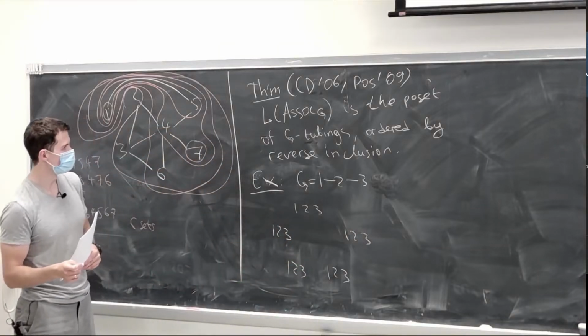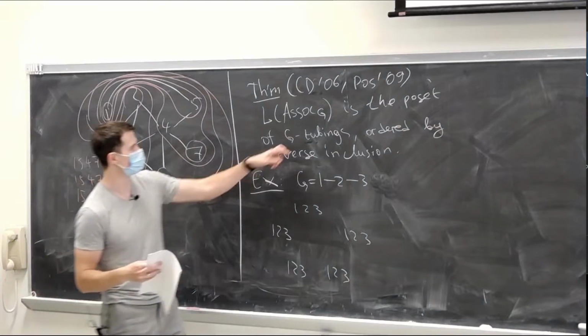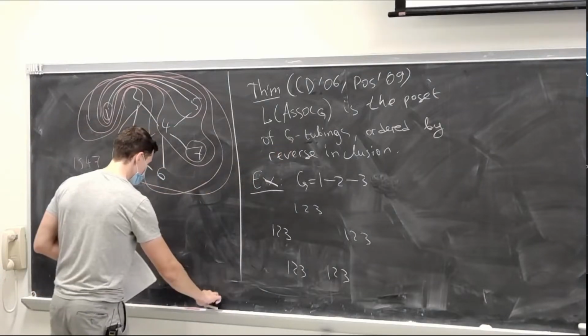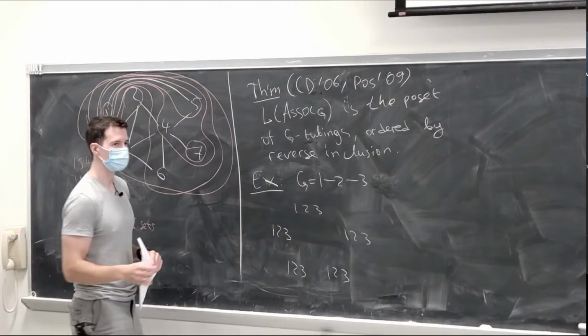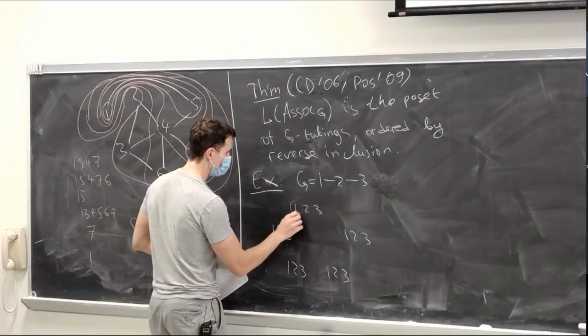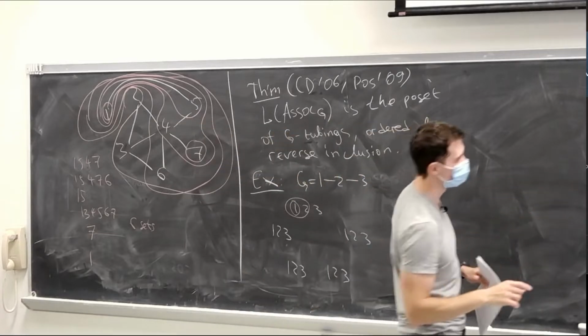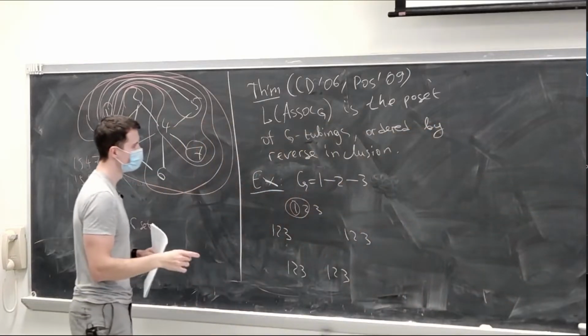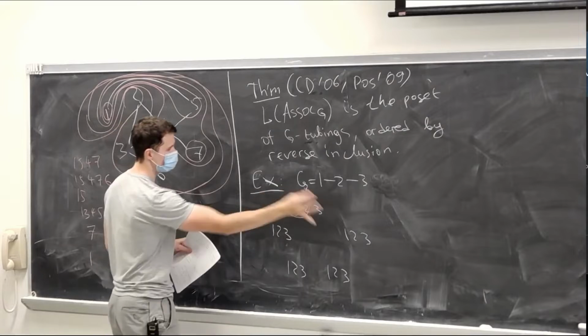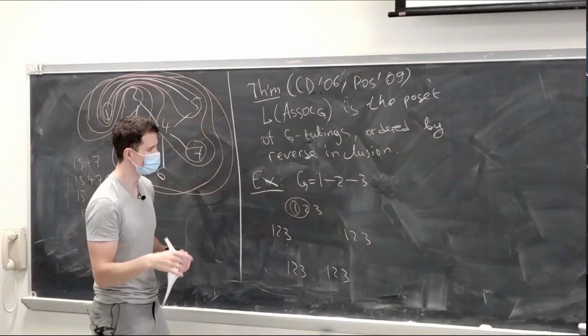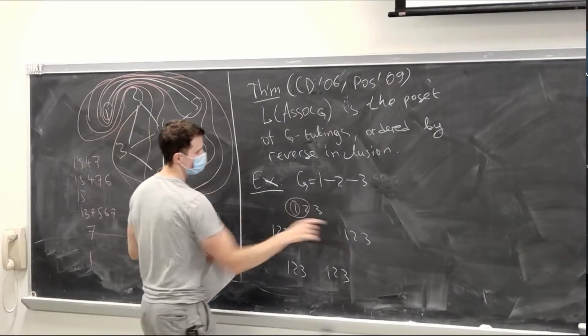Can somebody give me a maximal G-tubing? 1, 2. Oh, 1, 2, 3 is not. I'm not taking the whole set, but I could. You can trivially add the whole set to each. So it's going to be like a product of. Anyway, so what's the next one?